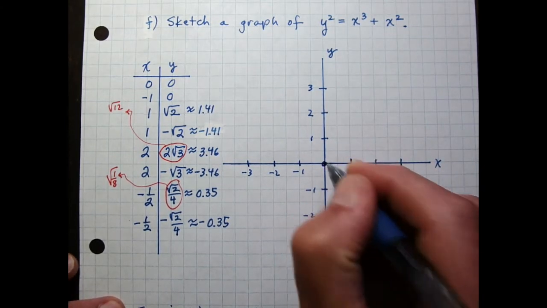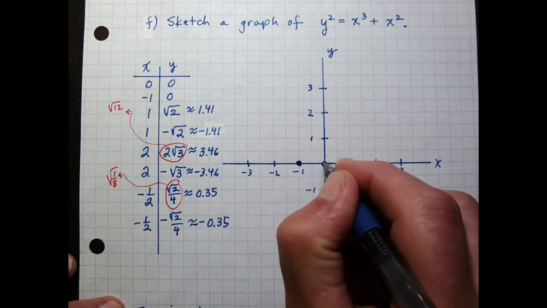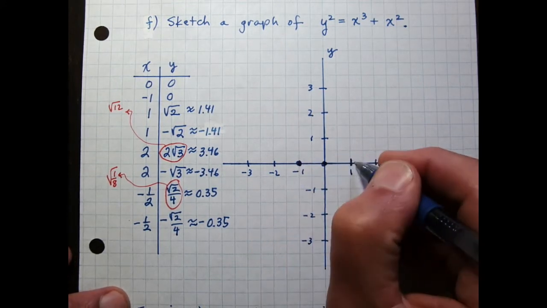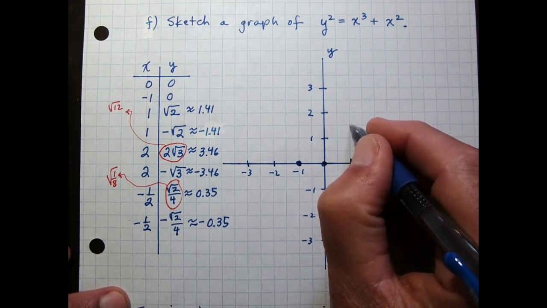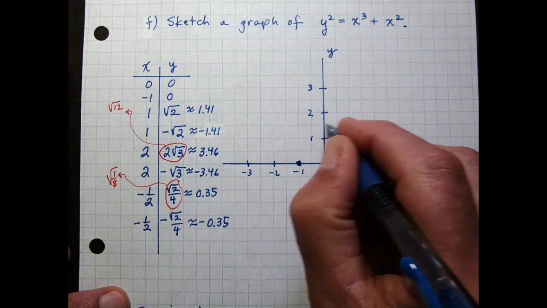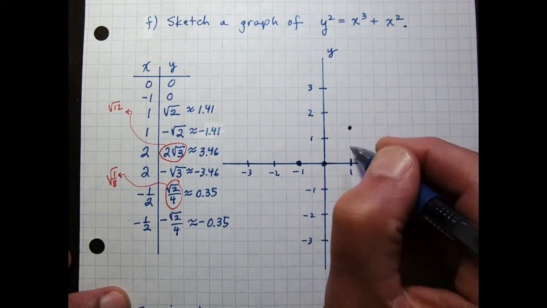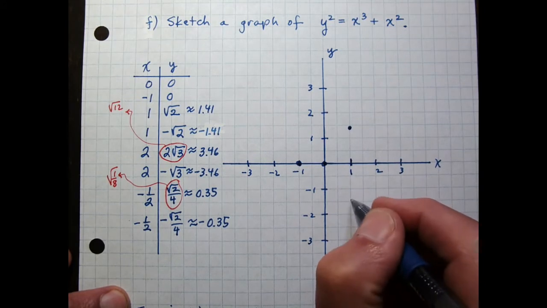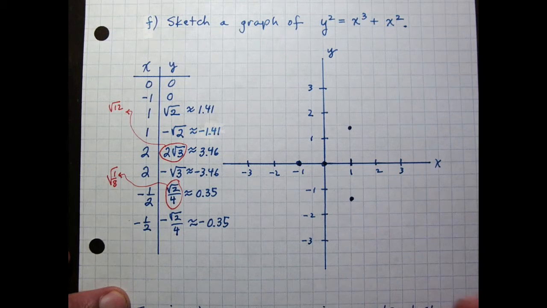0, 0. Negative 1, 0 is right here. Then I have 1, square root of 2, 1.41. So now there's a line at 1.5, so I'm just a little bit below that line. And also 1, negative 1.41, that's negative square root of 2.